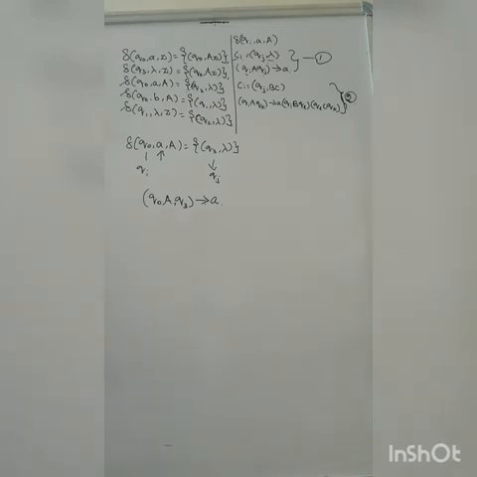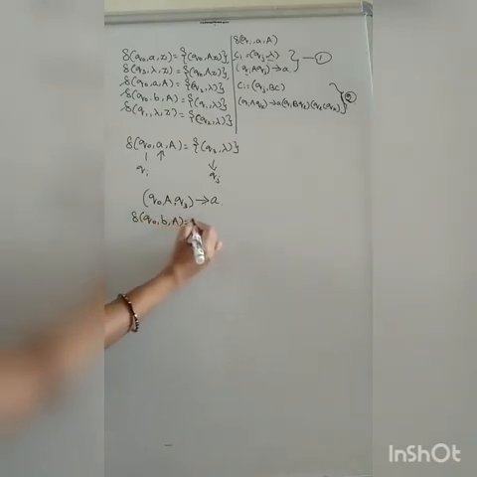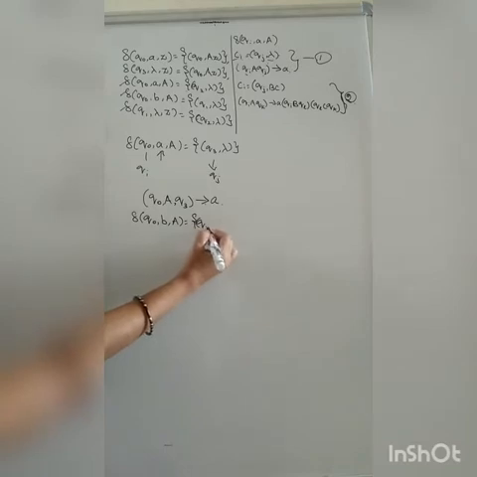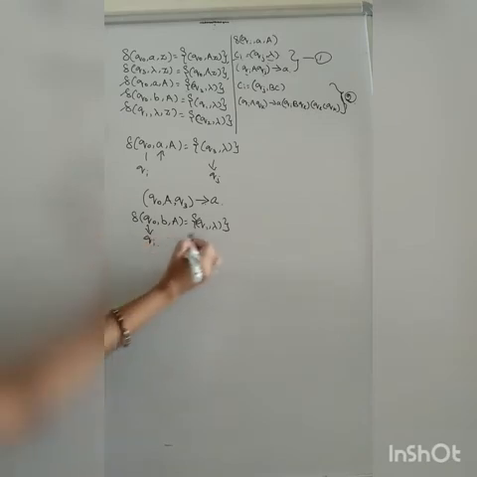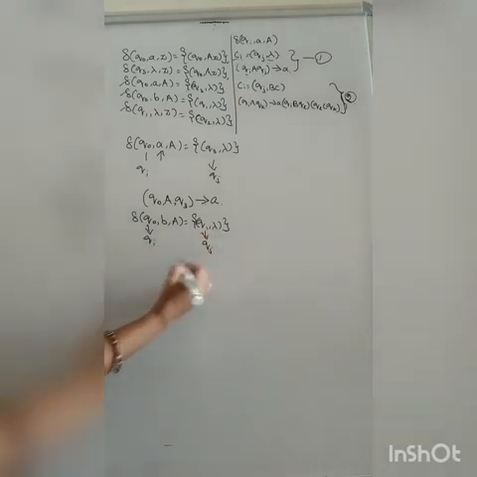And next, the process is we are going to define the grammar for this transition in the same way. So δ(Q0, B, A) = (Q1, λ). So here Q0 is Qi, this is Qj.